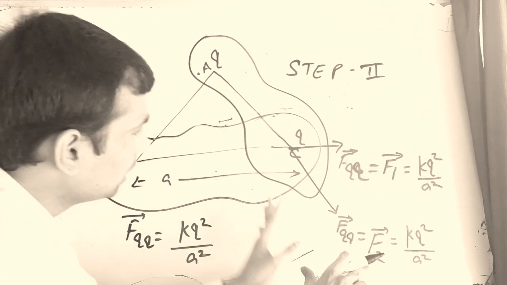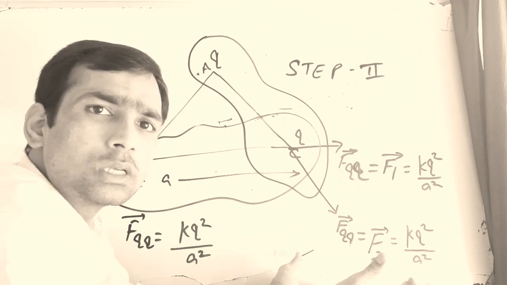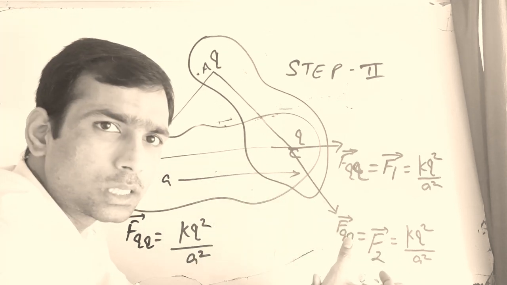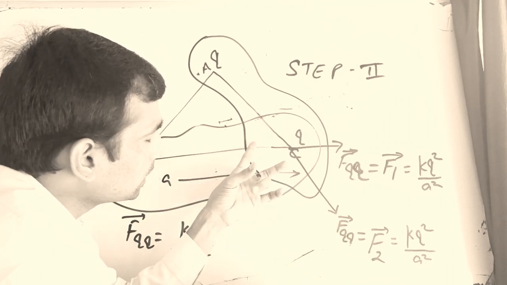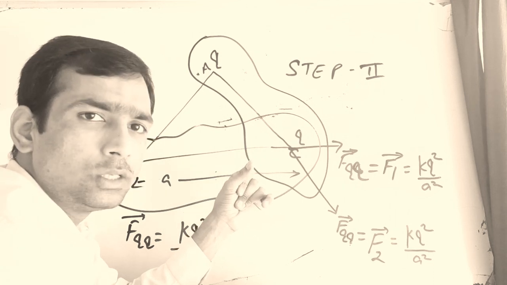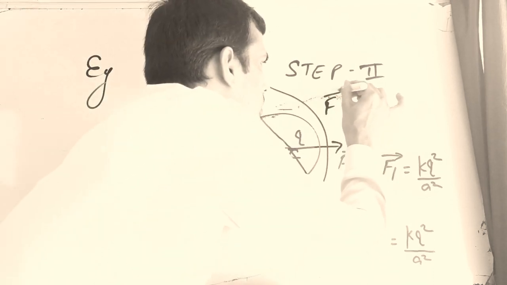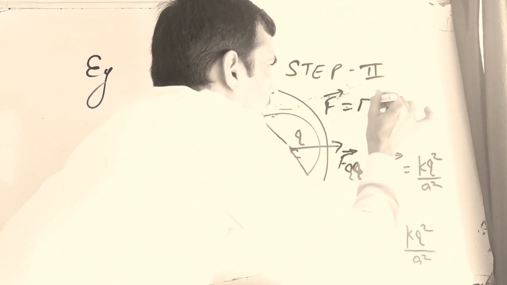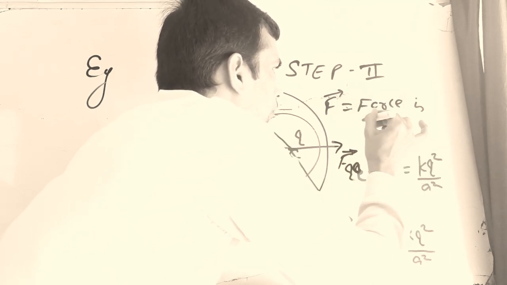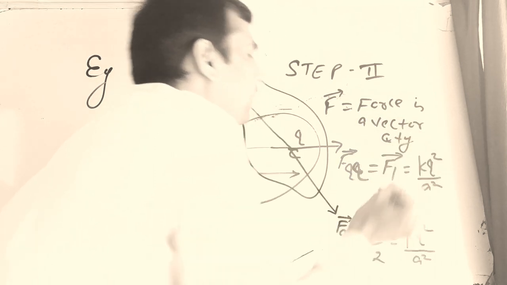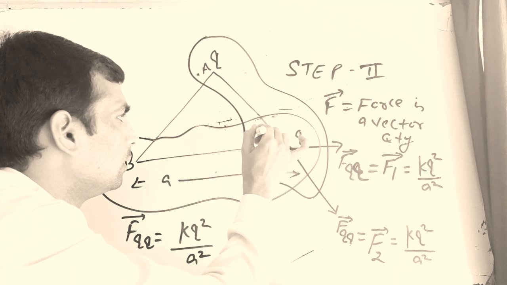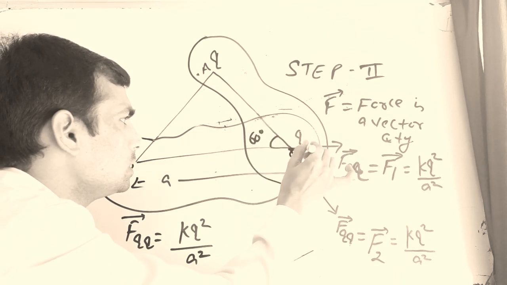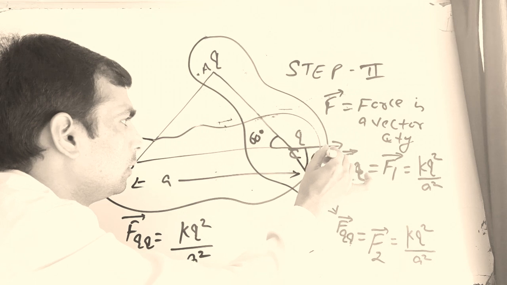After that, there is no possibility that you can make any other pair of charges. So all of you know, or if you don't know, know now that force is a vector quantity, right. Let me write it once: force is a vector quantity, right. So this remains 60 degree, right, student.